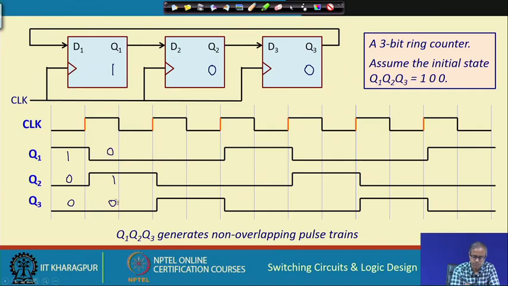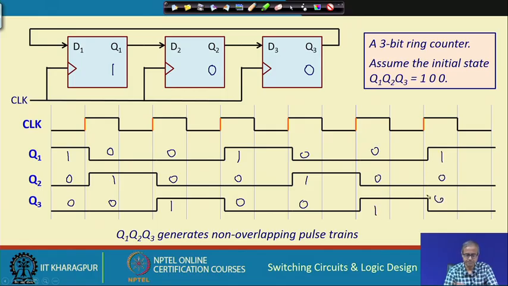So, 0 1 0. At the next clock, this 1 will come here, and 0 0 here. Next clock again 1 is coming back, 1 0 0. Next clock this 1 again shifts, 0 1 0, 0 0 1 and again 1 0 0.